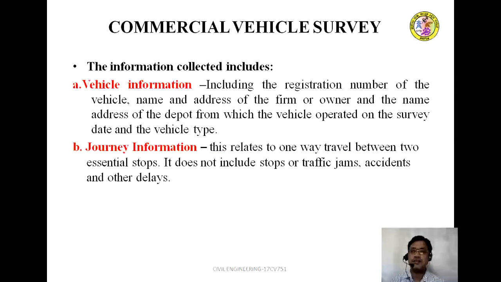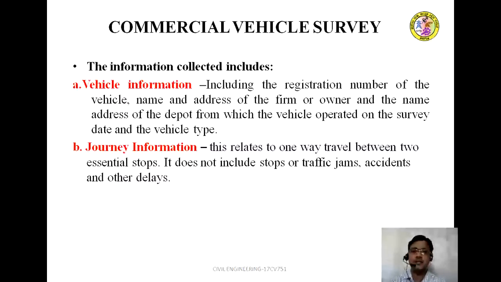The vehicular information includes the registration number of the vehicle, type of vehicle, name and address of the firm or the owner, then the address of the depot from which the vehicle starts operating, then date and type of vehicle. It means the information related to the vehicle is included in the vehicular information.